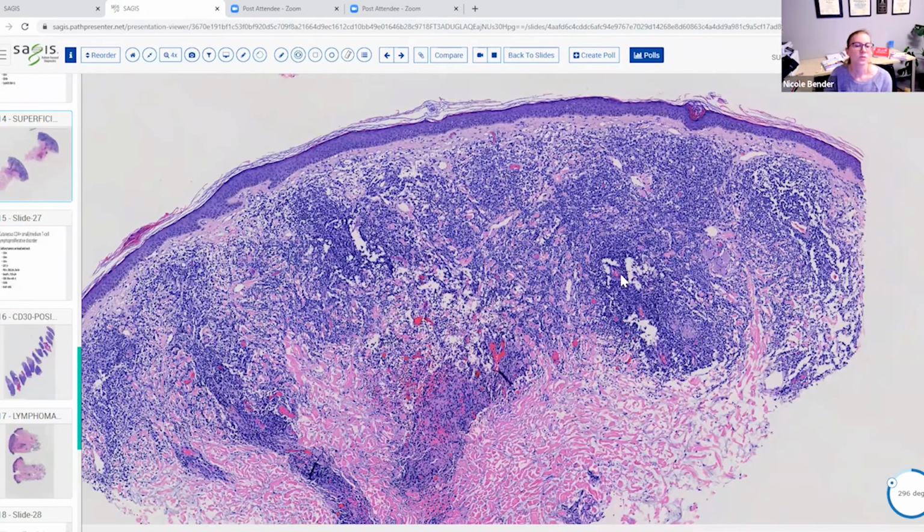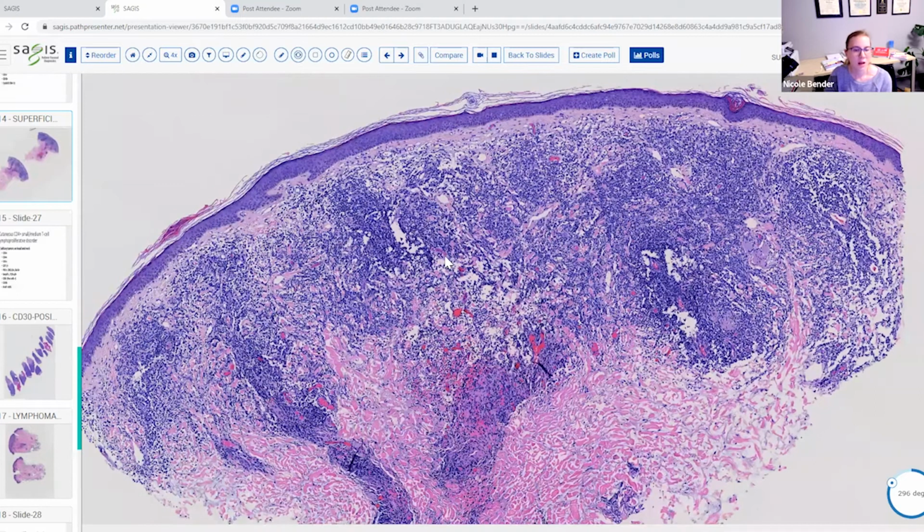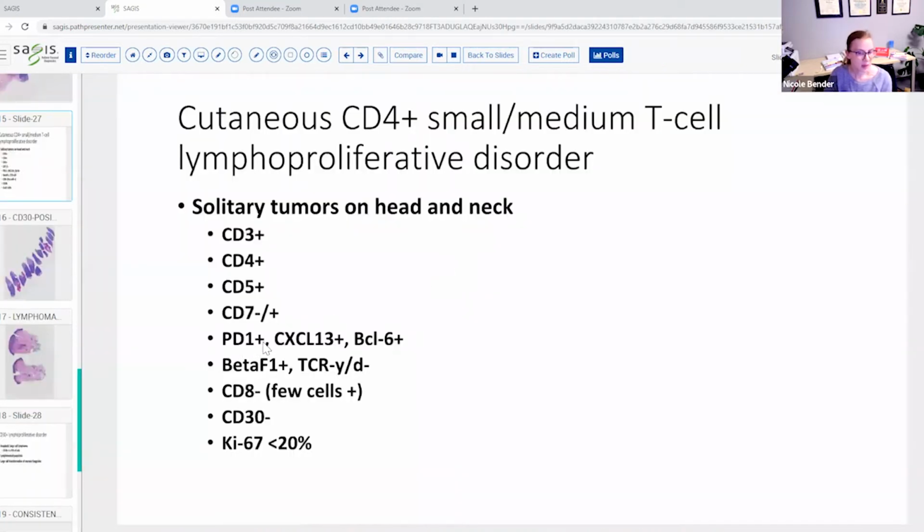These cells will also express a follicular helper T cell phenotype, which is PD1 positive, CXCL13 positive, and BCL6 positive in a proportion of the cells as well. There should also be a low proliferative rate for this infiltrate, less than 20%.